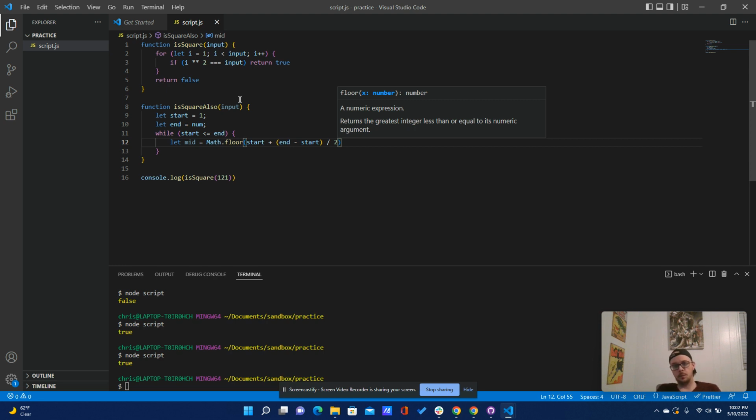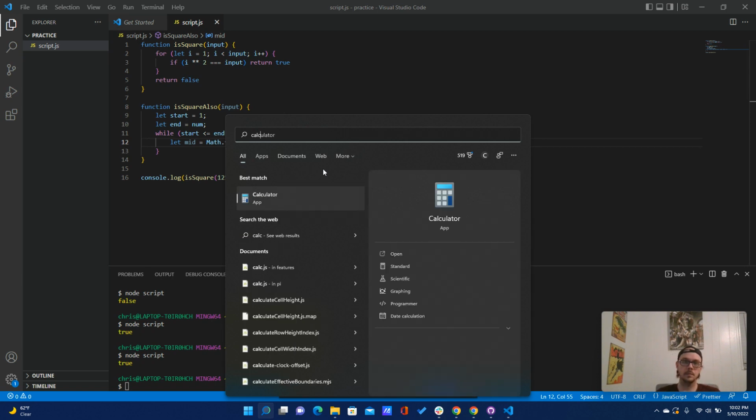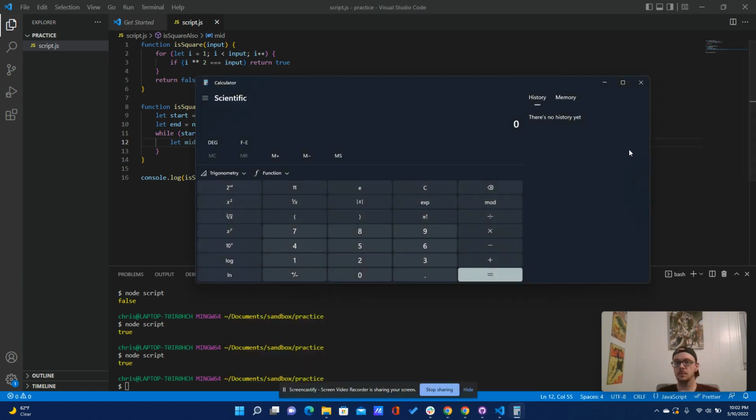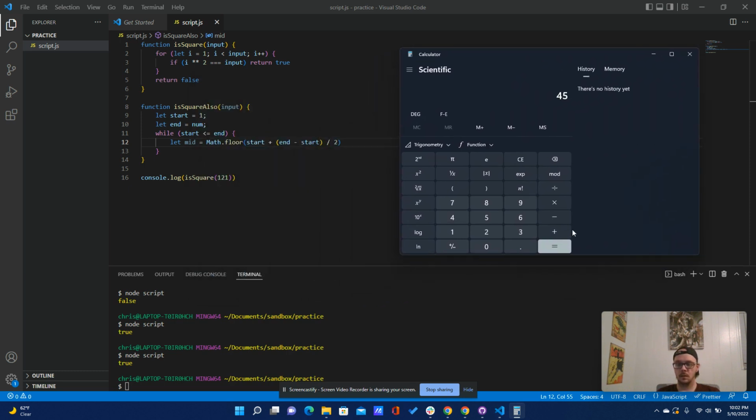If you want to get the midpoint between 5 and 50, 5 plus 50 minus 5 divided by 2, this is going to come out as an odd number, but by 2 plus 5, that's the midpoint.